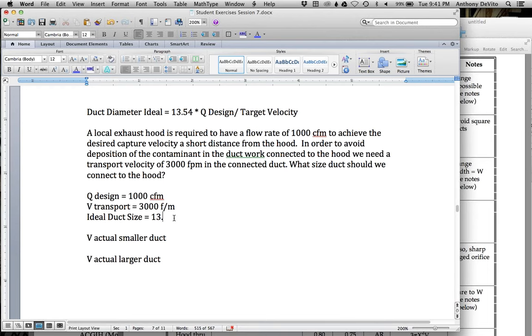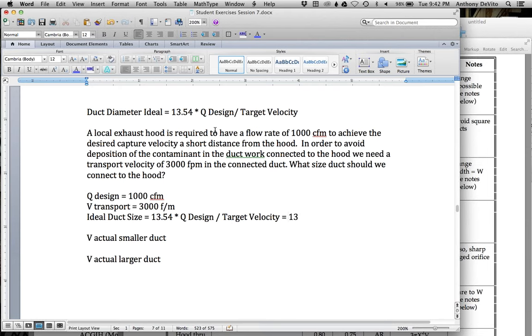Okay, 13.54 times, let's see, Q design over the target velocity. So what's that going to be equal to?